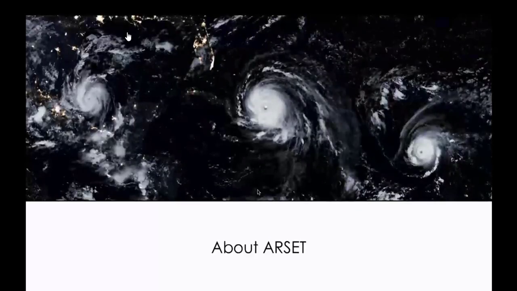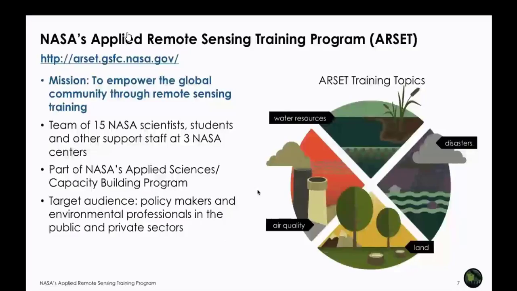Okay, so we'll start with information about ARSET itself, and some of you may have taken ARSET webinars before, so you already know. But those of you who are new, NASA's Applied Remote Sensing Training Program is supported by NASA Applied Sciences, and the mission is to empower the global community through remote sensing training.